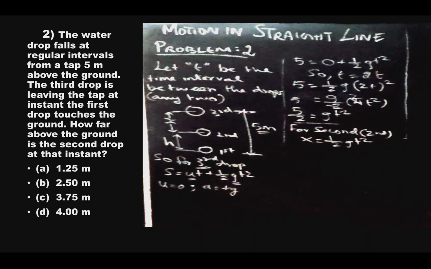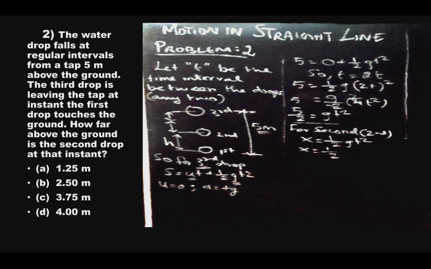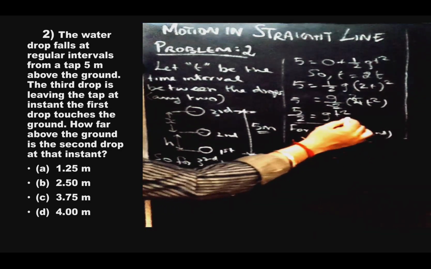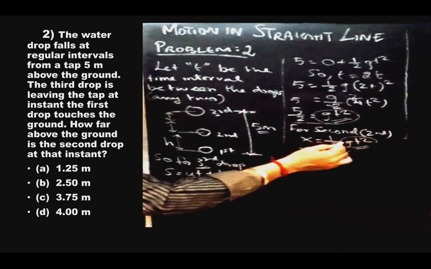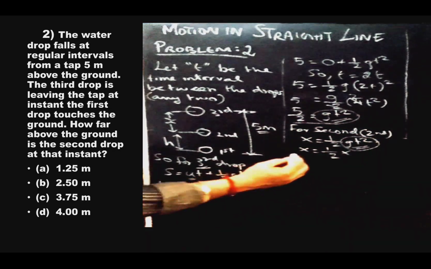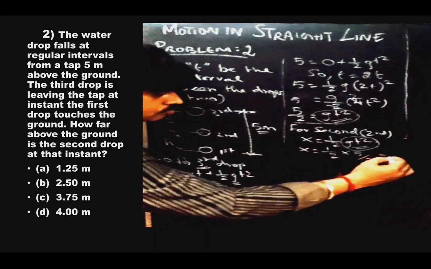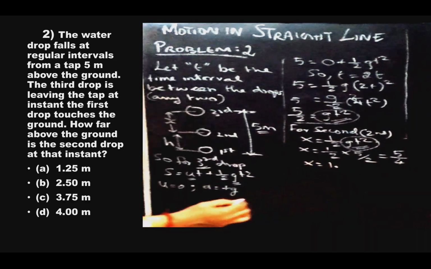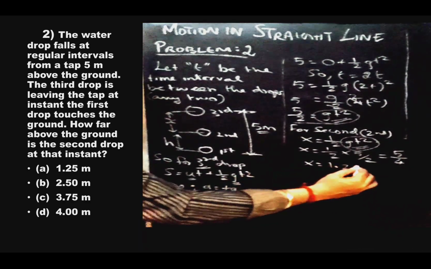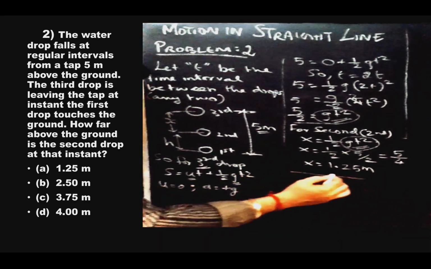Now I am going to substitute it: x is equal to half into, instead of gt square, I can substitute 5 by 2. So half into 5 by 2, therefore you get 5 by 4. So x is equal to 5 by 4, and when I divide 5 by 4, it is almost 1.25 meters. So x is equal to 1.25 meters is the final expression.